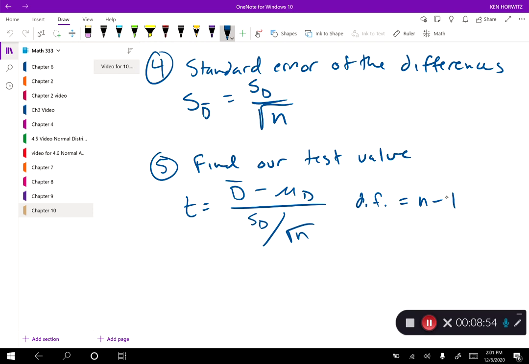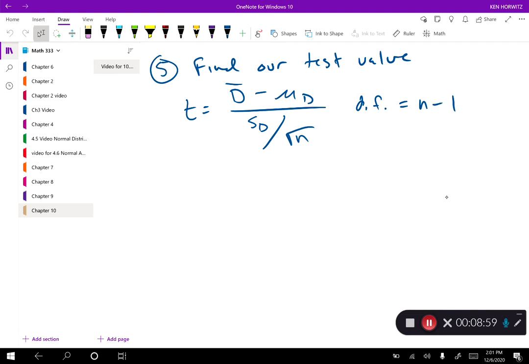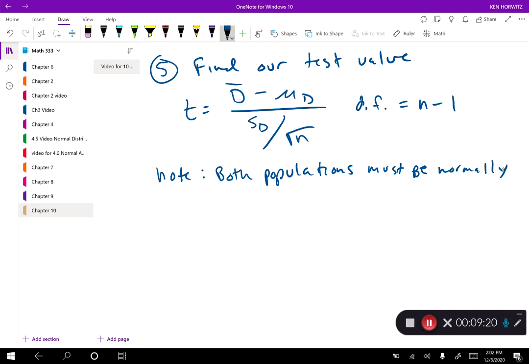All right, so I have one note on all 5 of these steps before we move on. My note is that both populations must be normally distributed or approximately normally distributed.